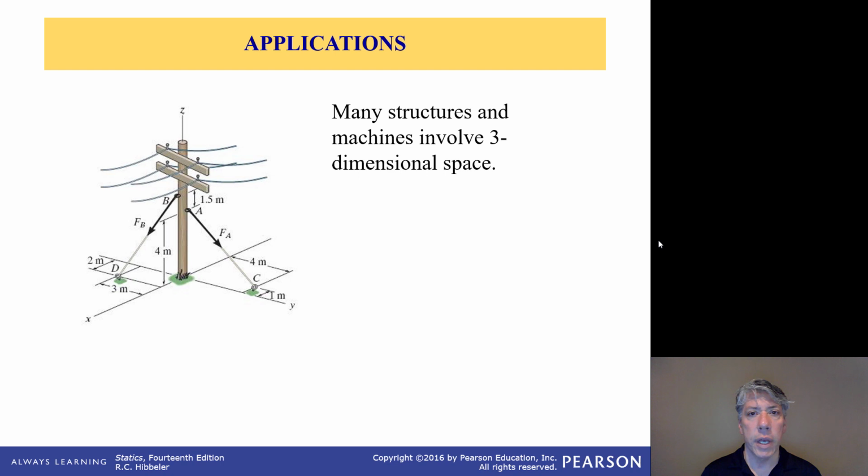And of course, the reason for that is the wires themselves apply loads at the top, tending to try and pull the pole over. And so support is necessary in the opposite direction to prevent the pole from falling and therefore hold up the wires and transmit electricity or data or whatever is needed, whatever the pole is there for. So there's plenty of applications that involve three-dimensional space.